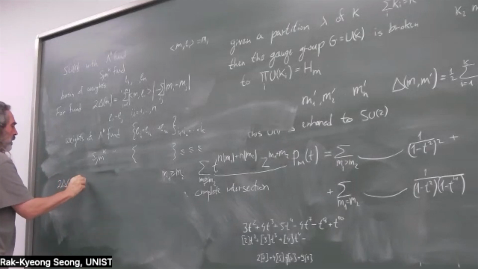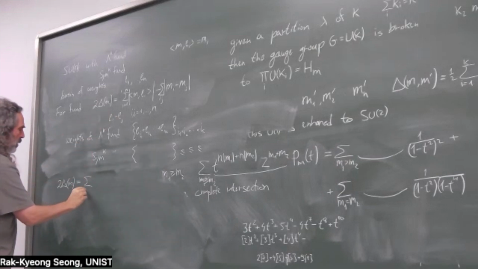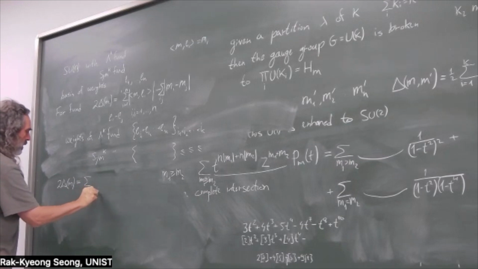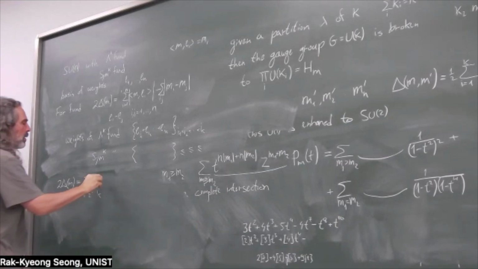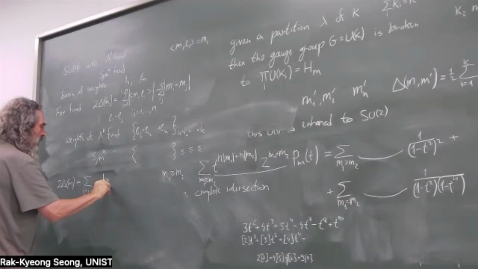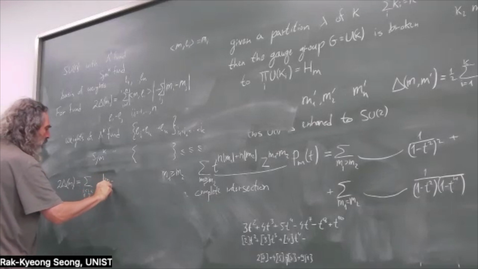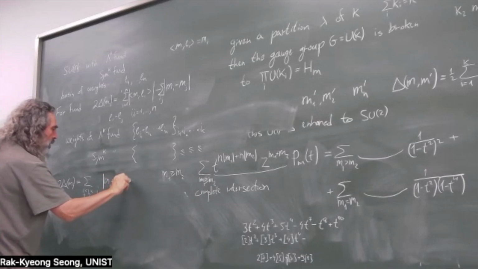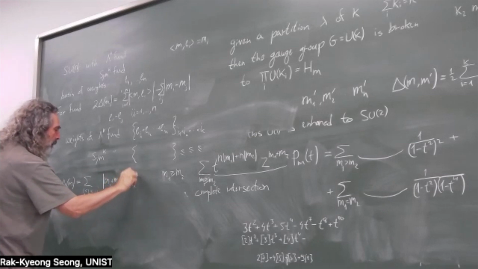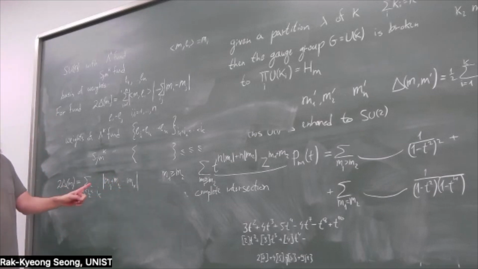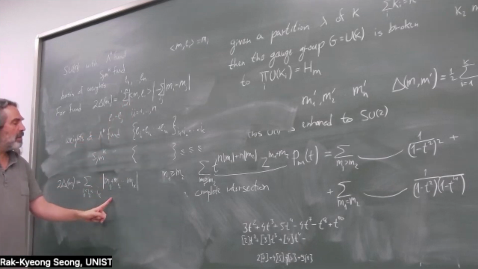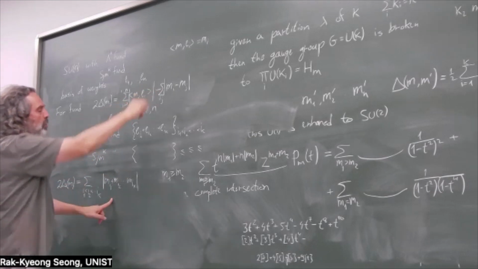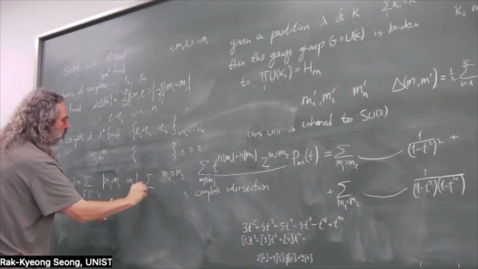It will be the sum, and now I need k indices, i1 less than i2 less than ik, of this sum m_i1 plus m_i2 up to m_ik. Right, so that will be the matter contribution, and the gauge contribution will be just the same.